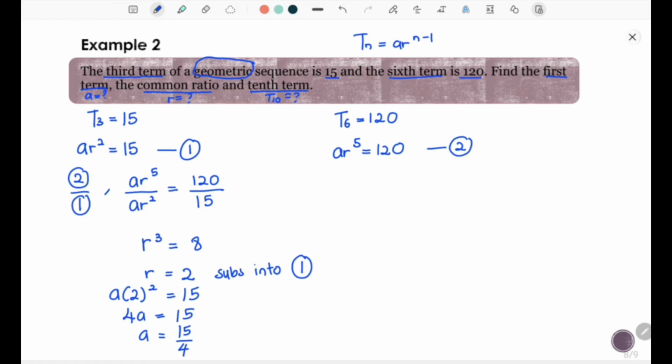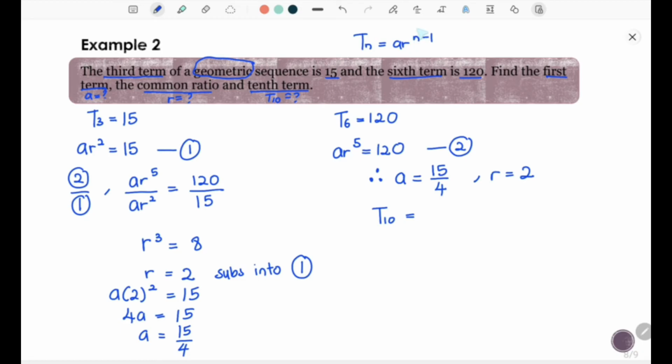So now we will define the first term here and the common ratio. You can write a few conclusions, which is therefore a equal to 15 over 4 and r equal to 2. And we can use these two pieces of information to find T10.